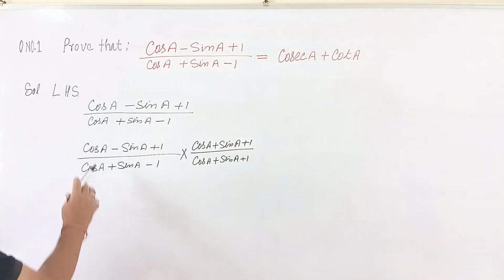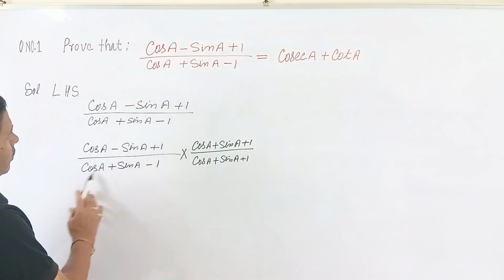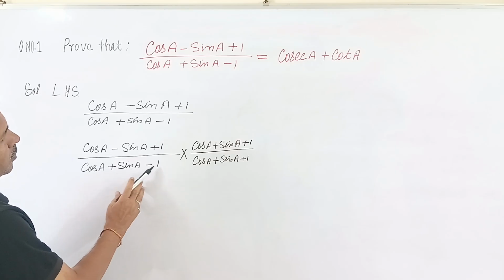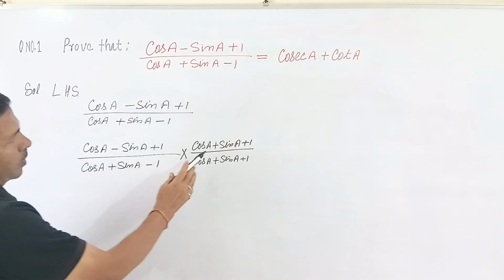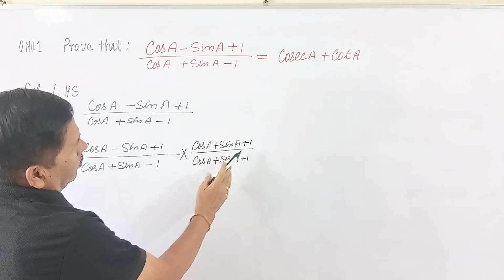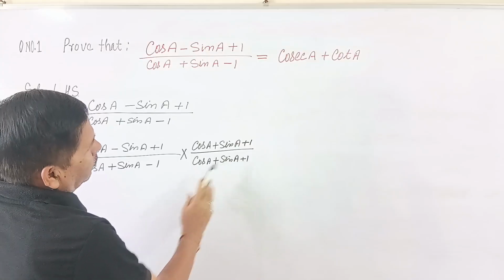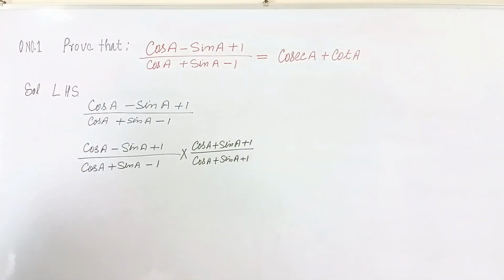So we have multiplied the numerator and denominator with cos A plus sin A plus 1.